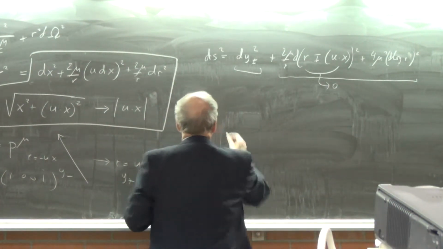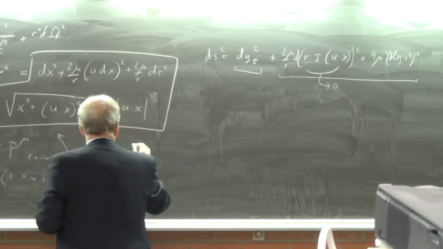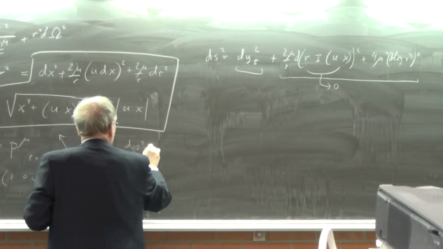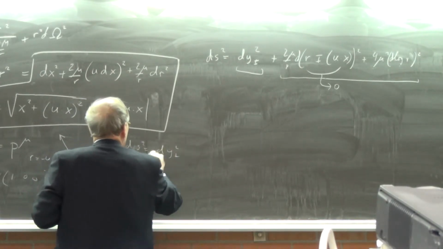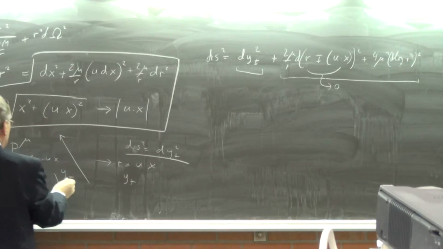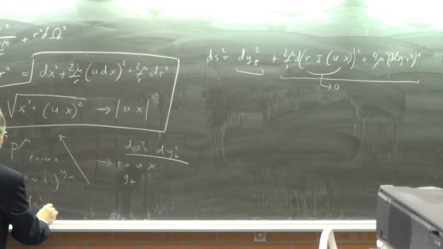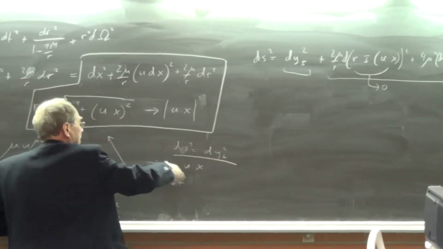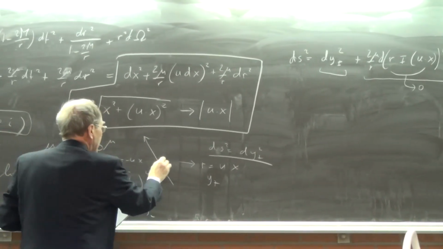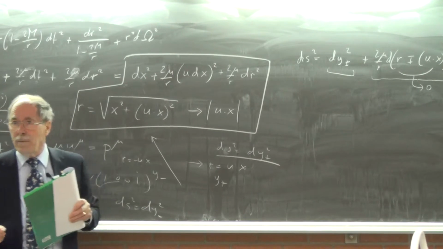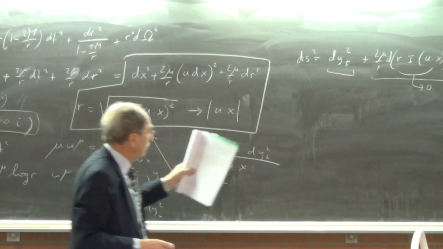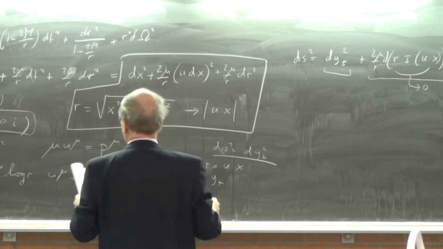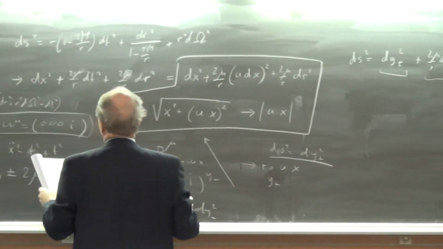And so we see that in this region, ds squared is dy plus squared, and that's flat space. Here I have ds squared is dy minus squared, that's also flat space. So flat space here, flat space there. But going from here to here, I have to go from y plus to y minus. And now you see that the difference between y plus and y minus is, where is that?